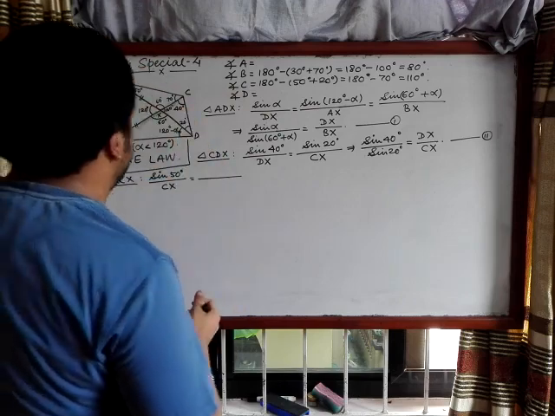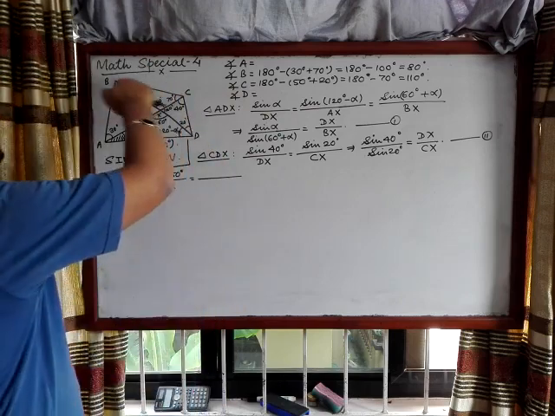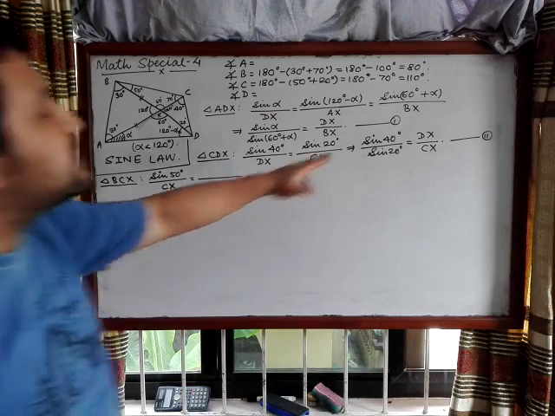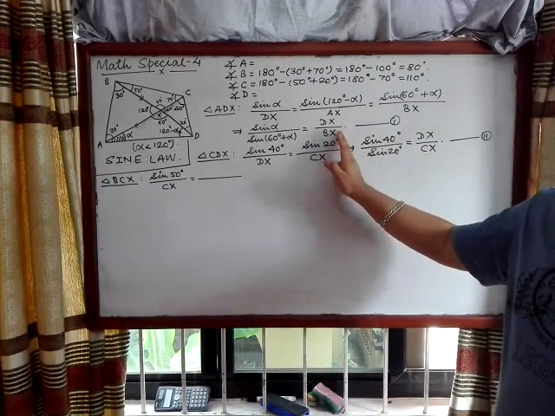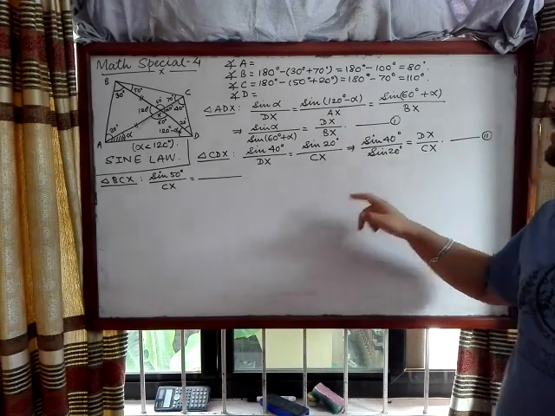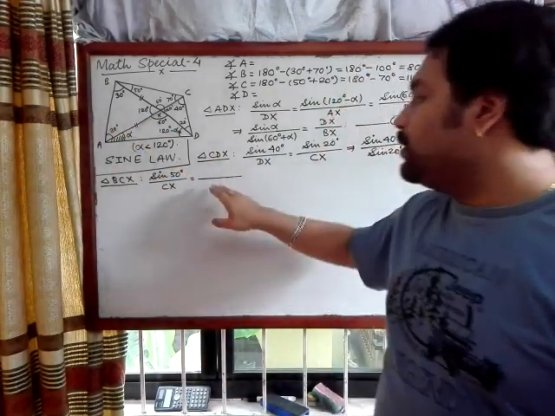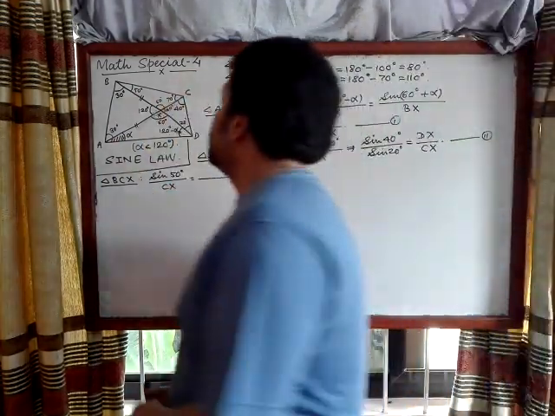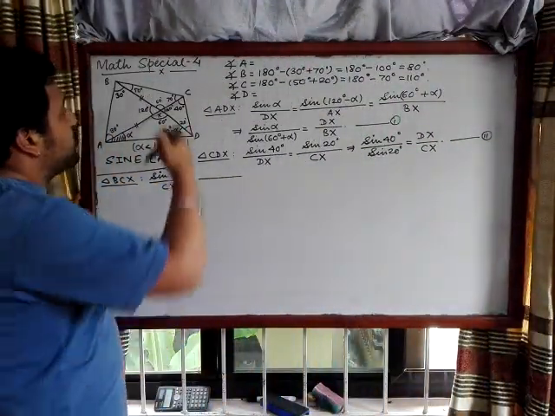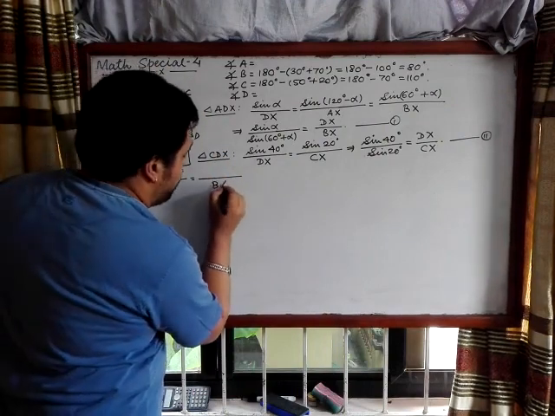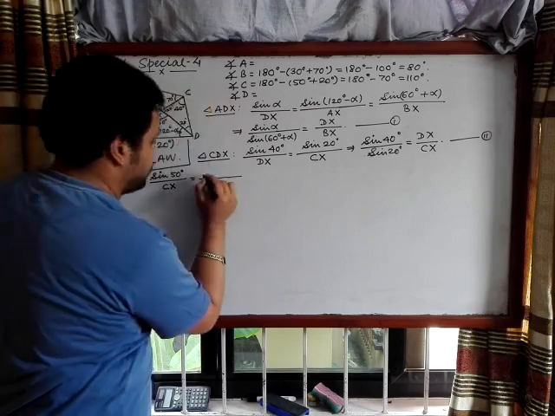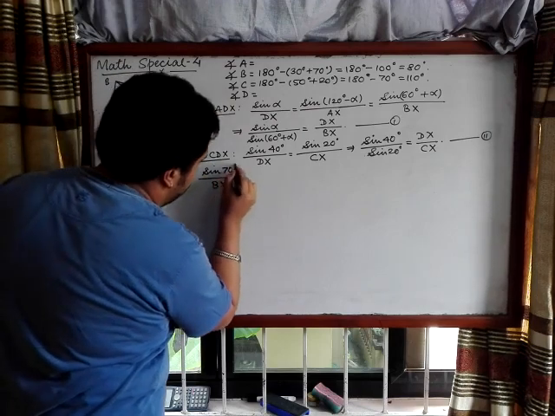If we choose BC, first of all, it's not a common side to any of the triangles, and next we need BX in the denominator. If we choose BX, we definitely get BX in the denominator. So there's no point in choosing BC. So let's choose BX, and BX is opposite to this angle of 70 degrees. So sine 70 degrees.